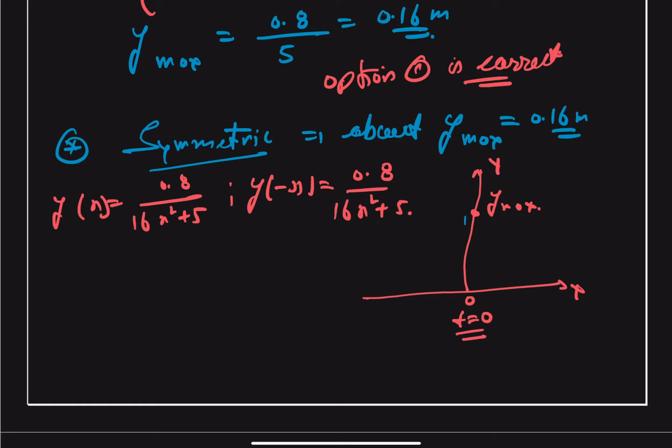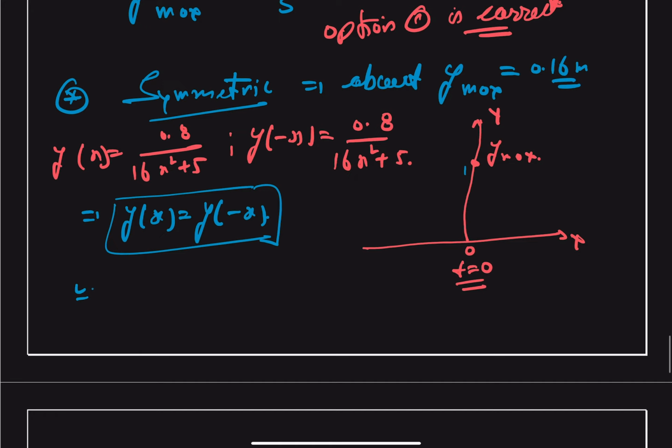So from here we can say that y of x is equal to y of minus x. Therefore, the pulse is symmetric, and we can draw the figure also.